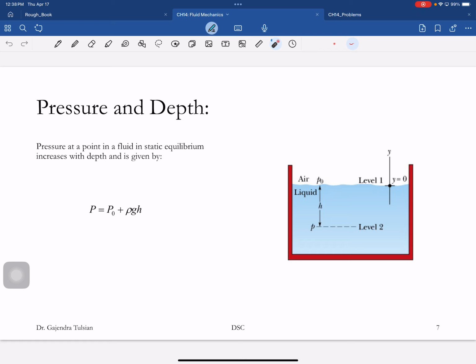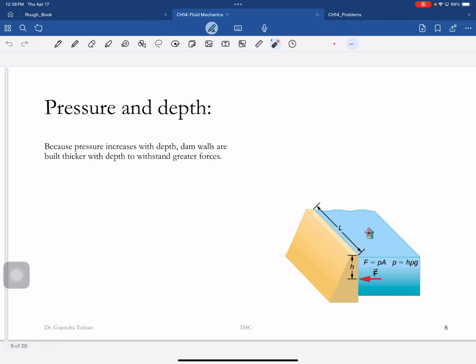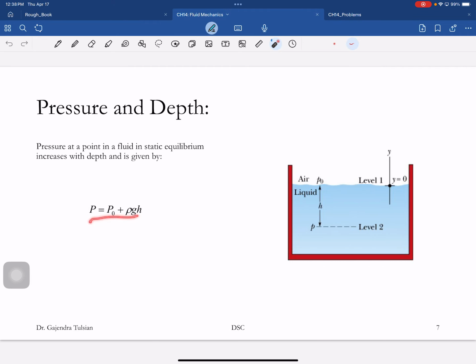Every 33 feet, the pressure increases by 1 atmosphere. So if you go to 66 feet or 20 meters, the pressure will be 3 atmospheres. That's what this formula is telling you. The pressure inside a liquid increases. This is the atmospheric pressure, and that's how much the pressure increases by.